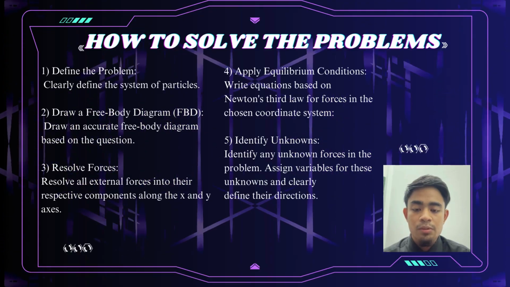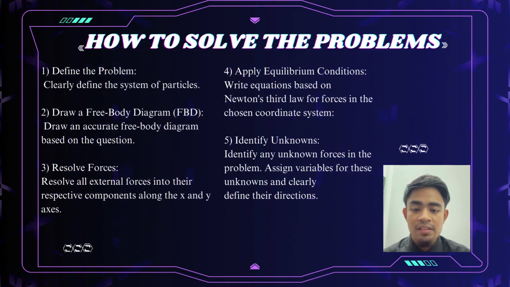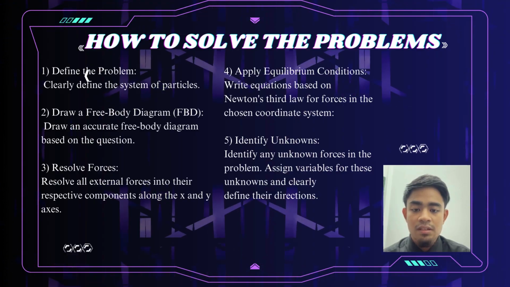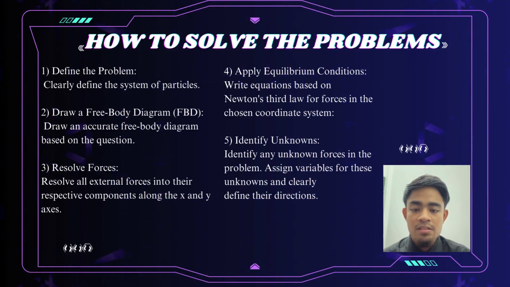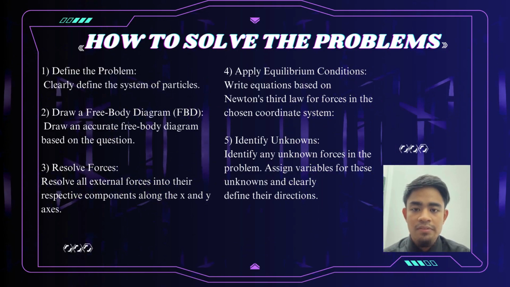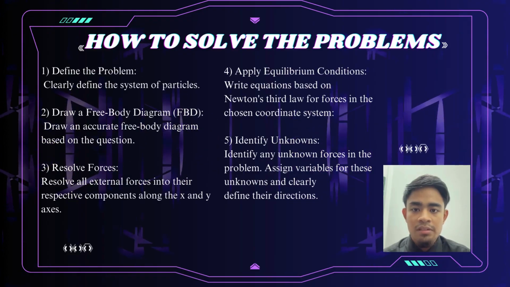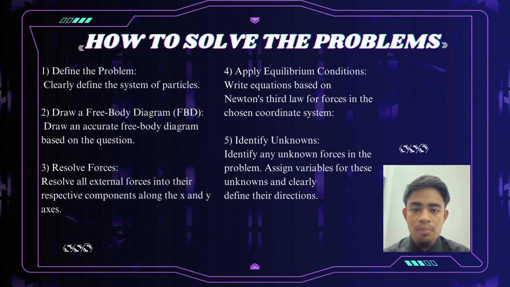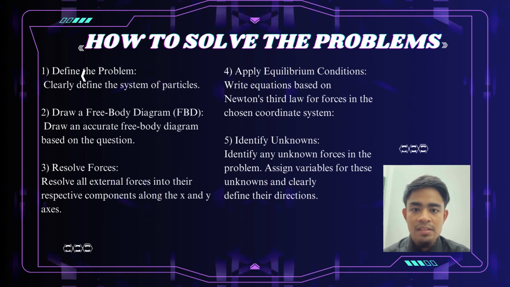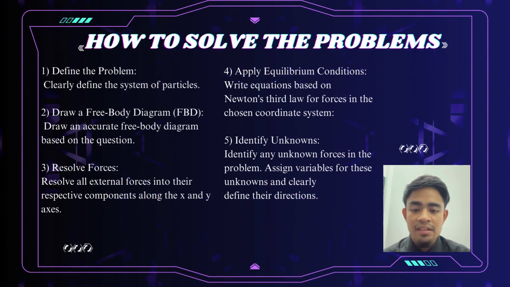We also need to label the positive and negative direction, whether it's clockwise or anti-clockwise. Next, we need to identify the unknowns. Identify any unknown force in the problem and clearly define their direction before we do the calculation.